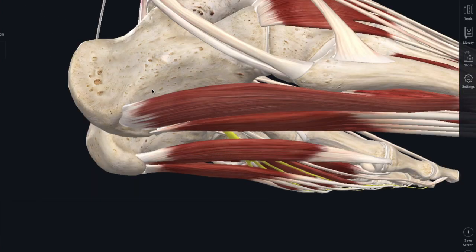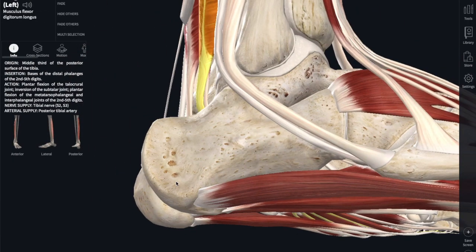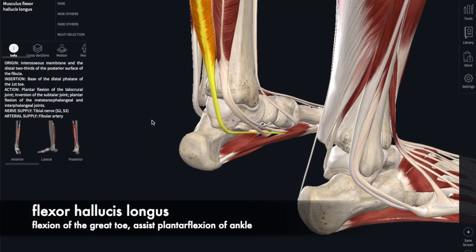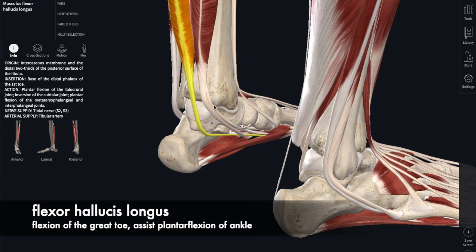Now, this last deep muscle of your posterior leg, right here. Of the three muscles we just talked about, this one is the most posterior, with its tendon in the medial ankle. This is the flexor hallucis longus.